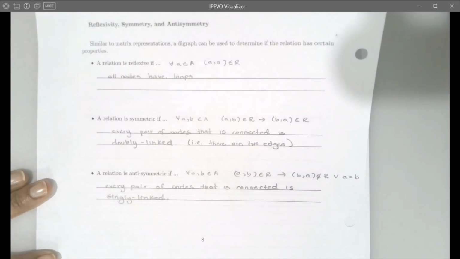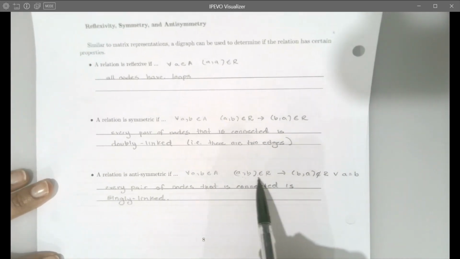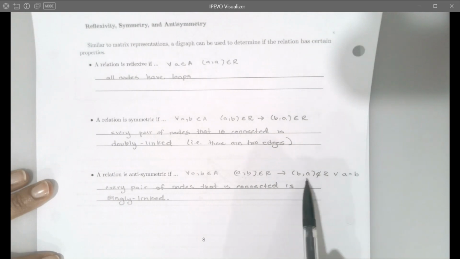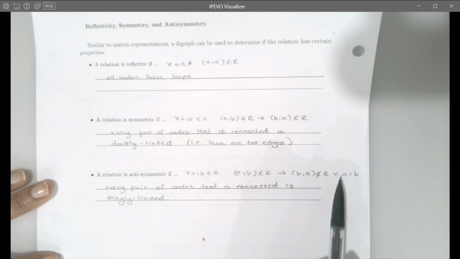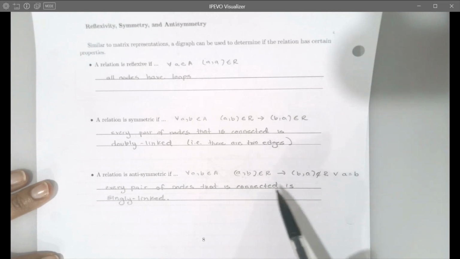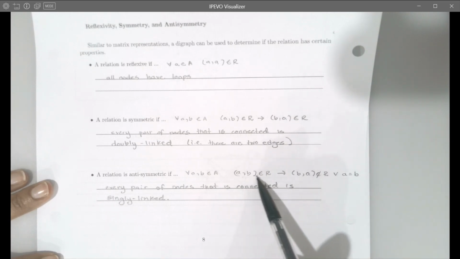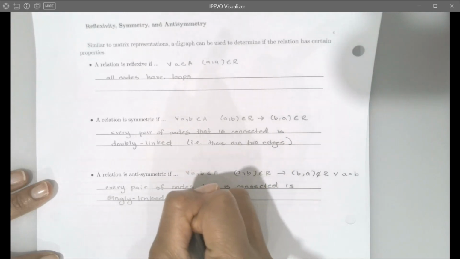Now, the other thing that we have to make note of, because this is going to differentiate antisymmetric from asymmetric, is that loops are allowed, right? So if A comma B is in R, that means that B comma A cannot be in R, or if it is, then that means that A is equal to B. That means that you can have A comma A as part of the relation, so that A comma A corresponds to a loop.